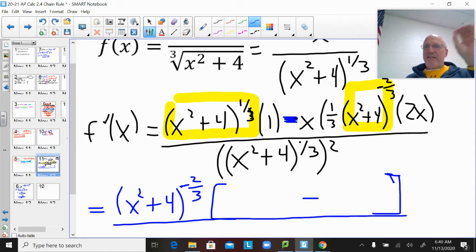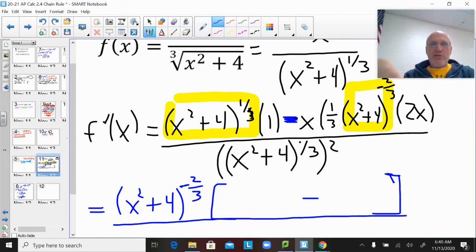So now let's carefully figure out what we're left with here. To the left of the minus sign, all that was there was that x squared plus 4 to the 1/3. But we just need to now very carefully subtract exponents. My original exponent was 1/3, and I am subtracting out the exponent that I factored out, which was negative 2/3. Now I got to be real careful. 1/3 minus negative 2/3 turned out to be positive 1.